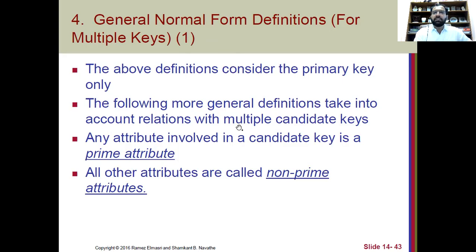The above definitions consider the primary key only. The following more general definition takes into account relations with multiple candidate keys. Normally, third normal form violation occurs whenever we have various candidate keys in the relation. What is a candidate key?